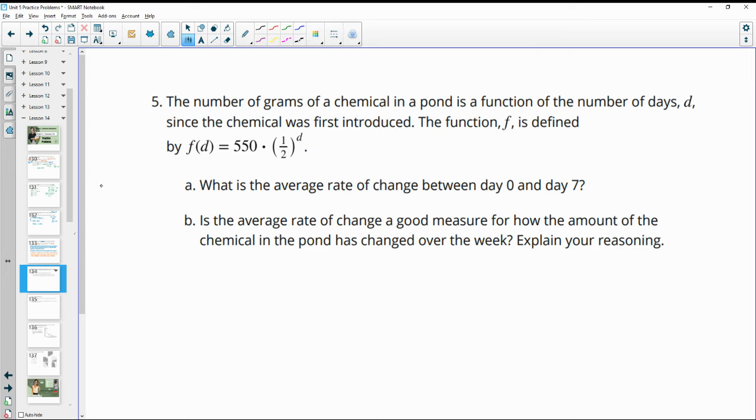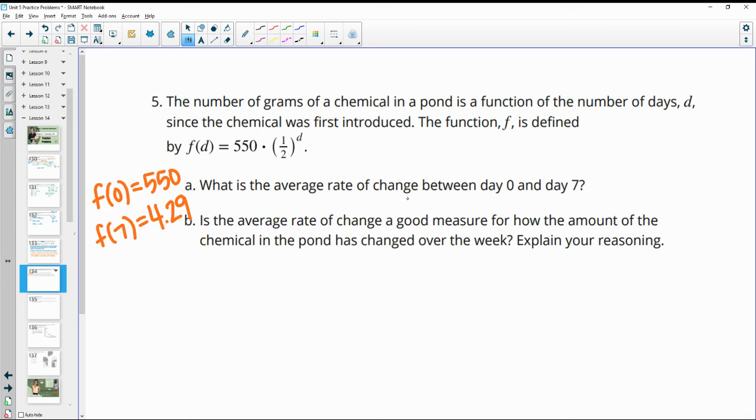So for this, we need to look at what is f of 0. So we'll plug in 0 for d, and we end up with that initial value of 550. We also need to figure out what f of 7 is. So we'll plug 7 into here, and when we do that, we end up with 4.29.